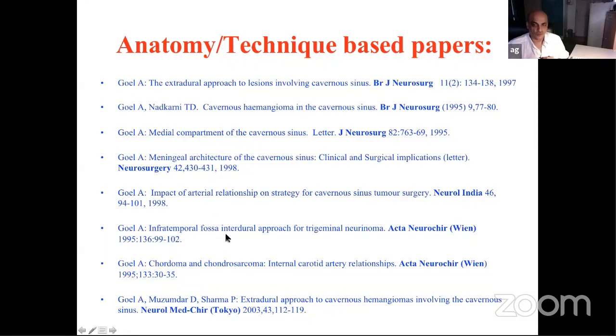Infratemporal approach to trigeminal neurinomas, and I will talk today about chondrosarcomas, one of my very favorite articles, published in 1995. And I will also talk to you on cavernous hemangiomas of the cavernous sinus, one of the most difficult neurosurgical problems. We described the extradural approach to these tumors for the first time in the literature.